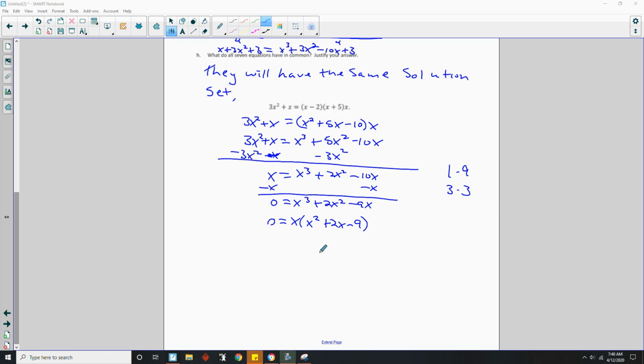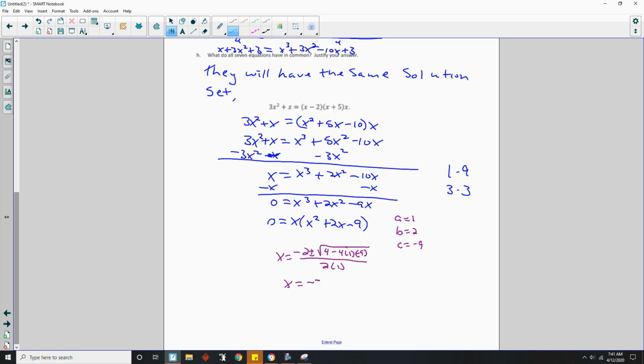Okay, so I'm going to use the quadratic formula here for this. So let me change colors to purple. A is 1, 1x squared. B is 2, and C is negative 9. The quadratic formula says x equals negative b plus or minus the square root of b squared, which is 4, minus 4ac, all divided by 2a.